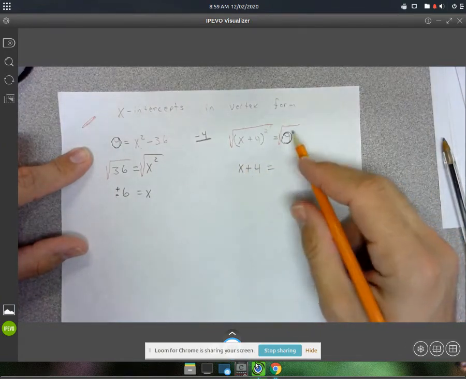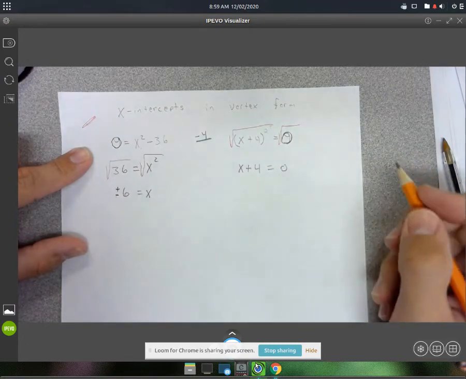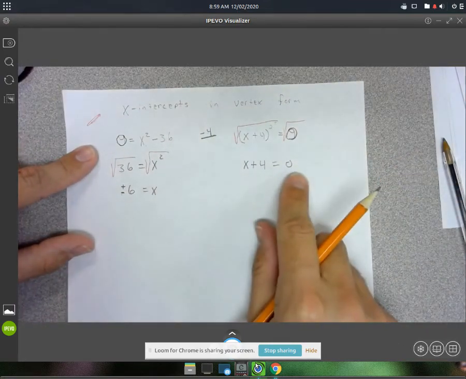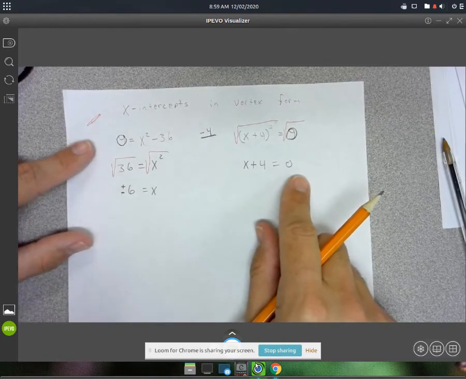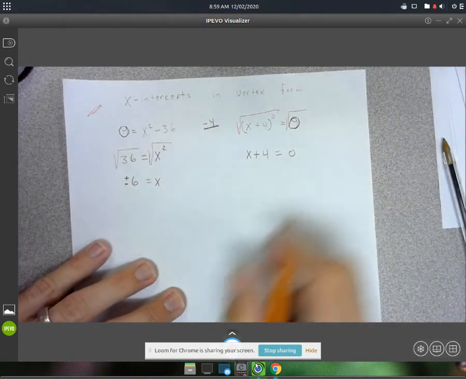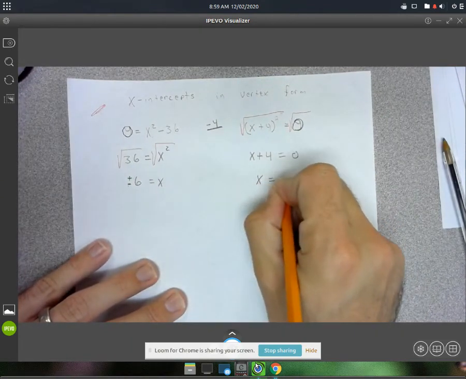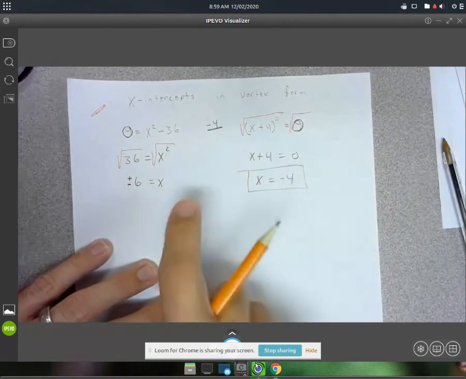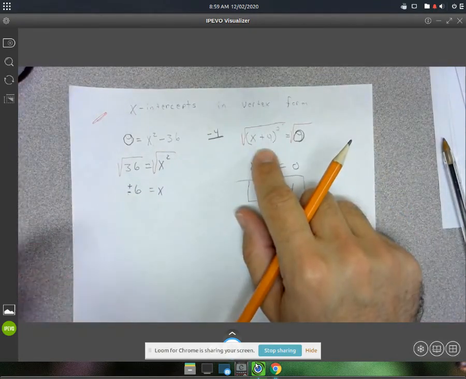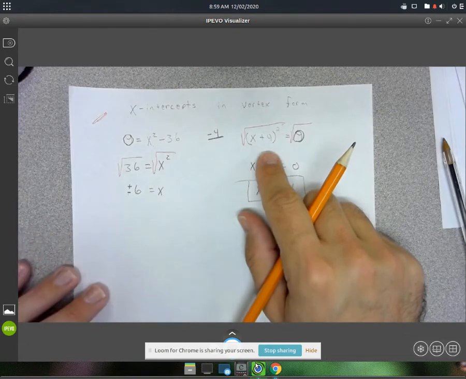And over here, the square root of 0 is 0. There's none of that plus or minus business when it comes to 0. That's why you're only going to have one answer in this case. Then you'll just subtract 4 from both sides, and you'll get x equals negative 4, like we said earlier. So this is kind of an odd case because there's only one solution to this.